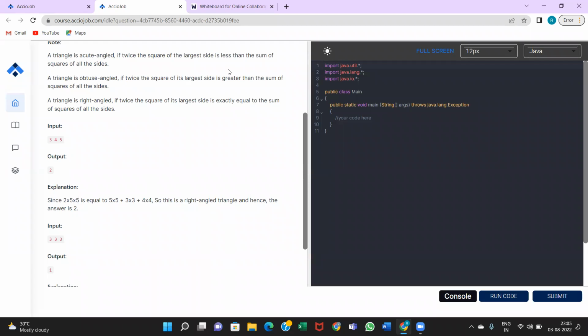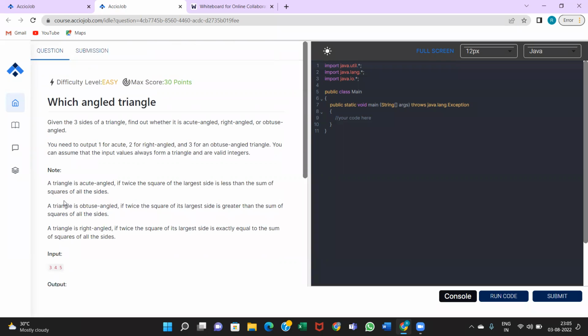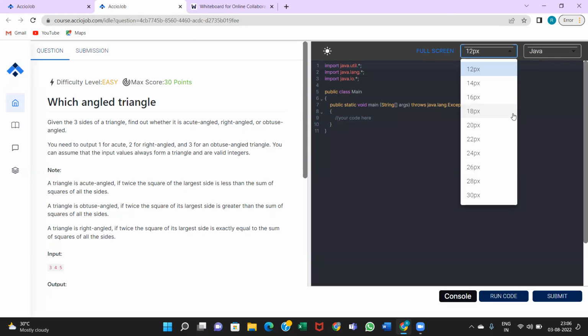Then you calculate the sum of the squares of all the sides, which is 3 squared plus 4 squared plus 5 squared, which is also 50. Since both of them are equal, it's a right angle triangle. So it's pretty mathematical. Is there any confusion to any one of you in understanding the problem? We can directly jump to the coding part.